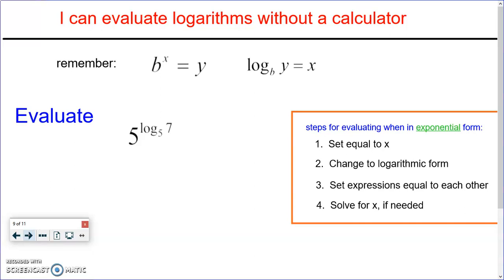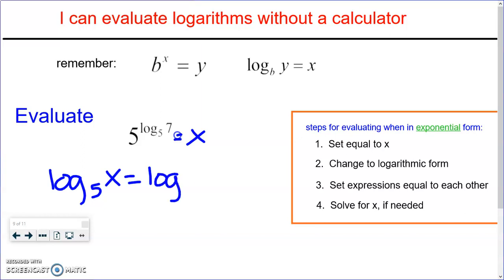This problem is written a little bit differently. This one says 5 to the power of log base 5 of 7. We will set this one equal to x. And in this case, since it's already written in exponential, we're going to rewrite it in log form. So log base, our base is 5, of x equals the exponent, which is log base 5 of 7.